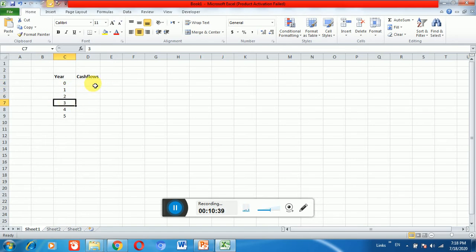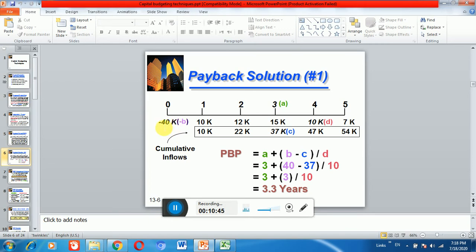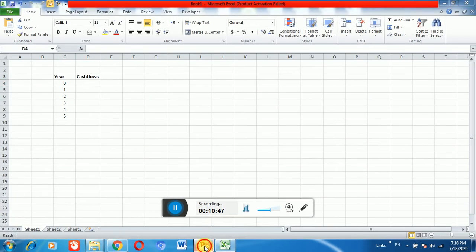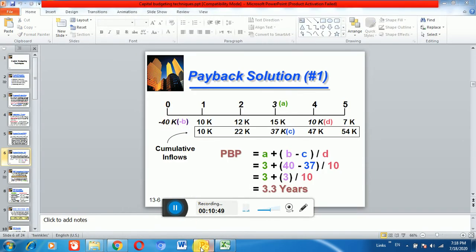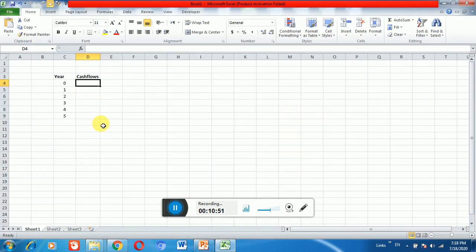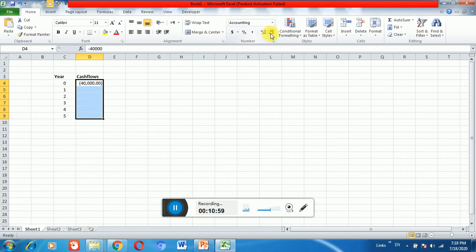In our example, you have to make a 40,000 investment, so in year 0 you mention 40,000 with a minus sign. Give these values a comma and 0 decimals.